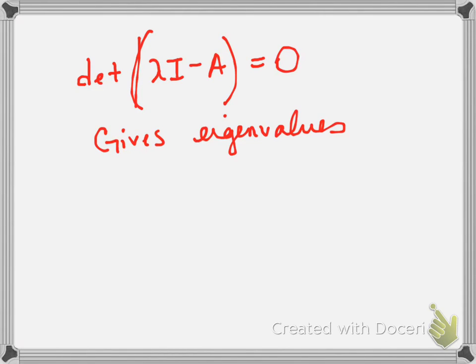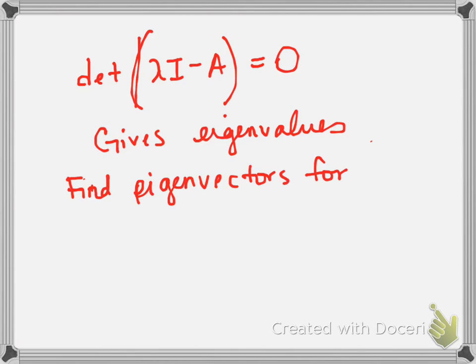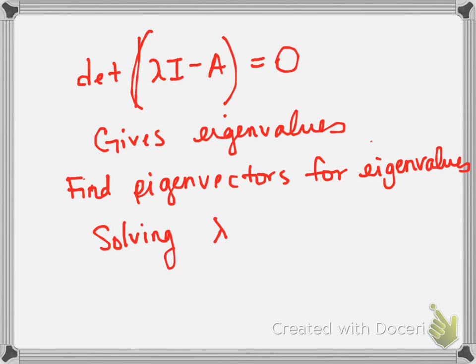Then we find eigenvectors for particular eigenvalues by taking a particular eigenvalue and solving lambda I minus A times x equals the 0 vector.